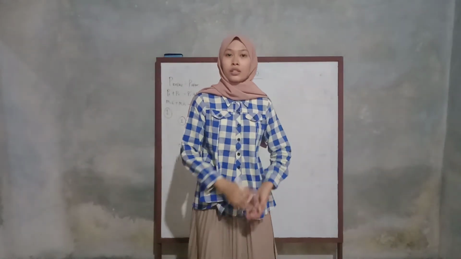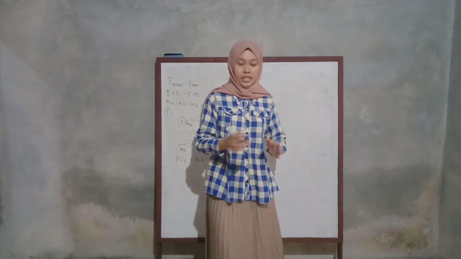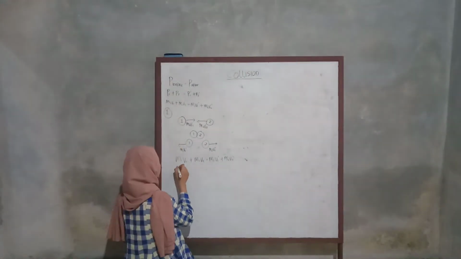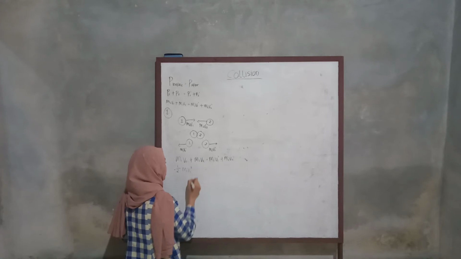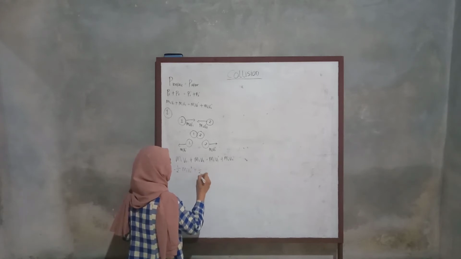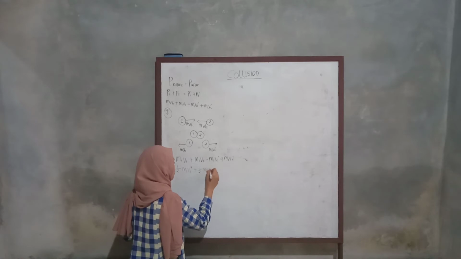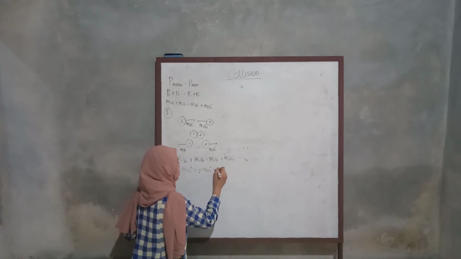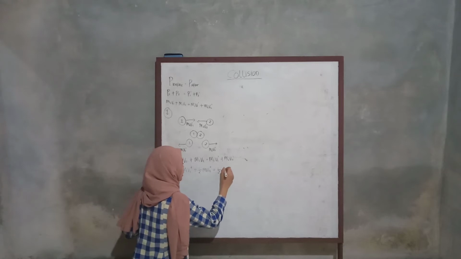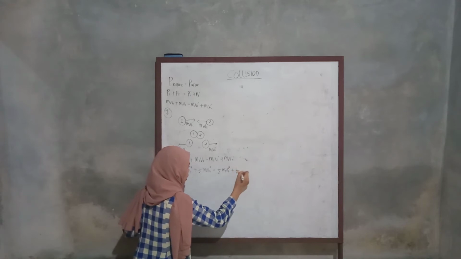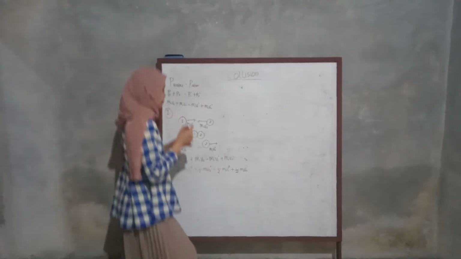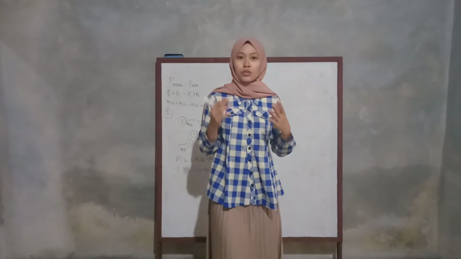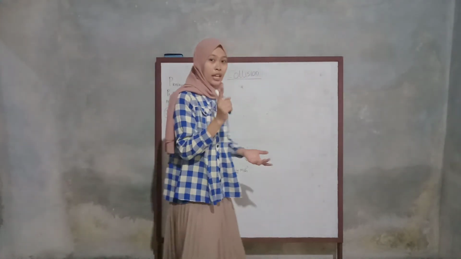The law of conservation of kinetic energy: one half M1 V1 squared plus one half M2 V2 squared equals one half M1 V1' squared plus one half M2 V2' squared. The restitution coefficient e equals 1.